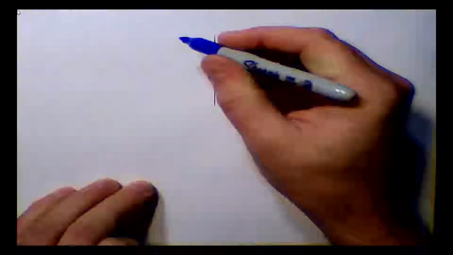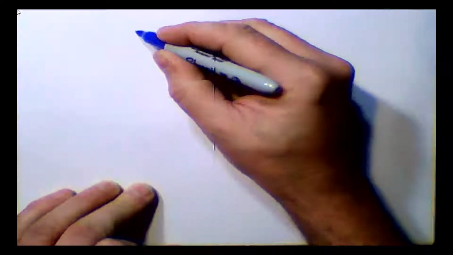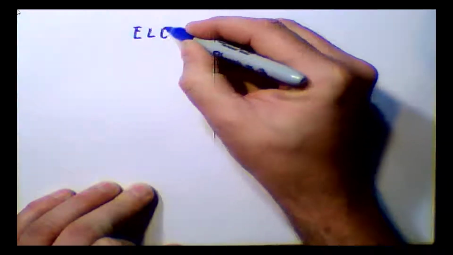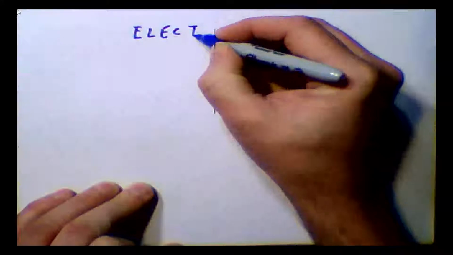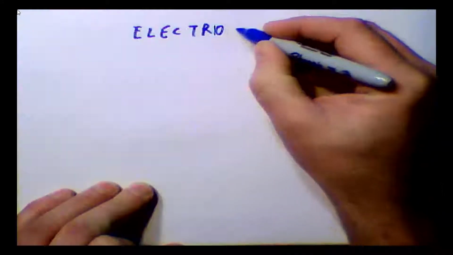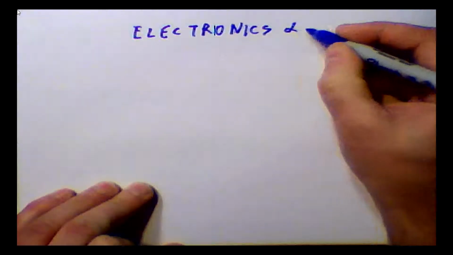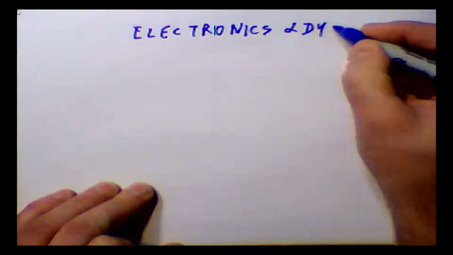Let's move the mouse, and let's adjust the sheet of paper. So again, we will talk about electronics and dynamical systems.